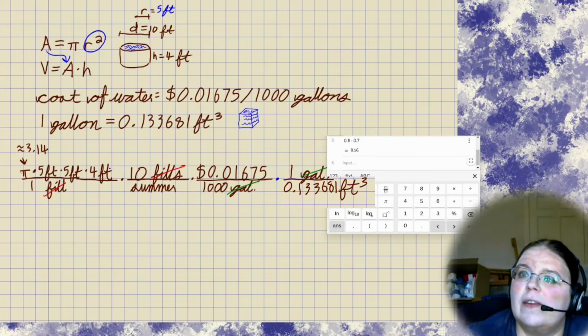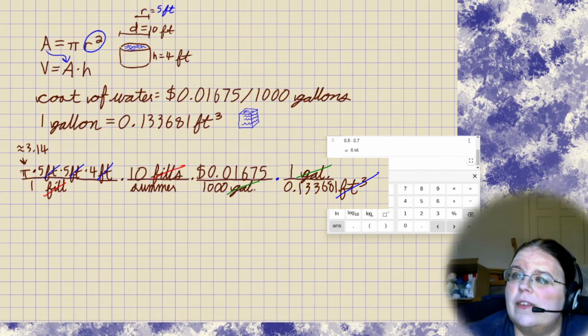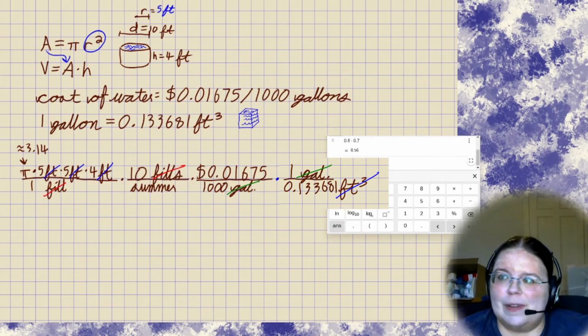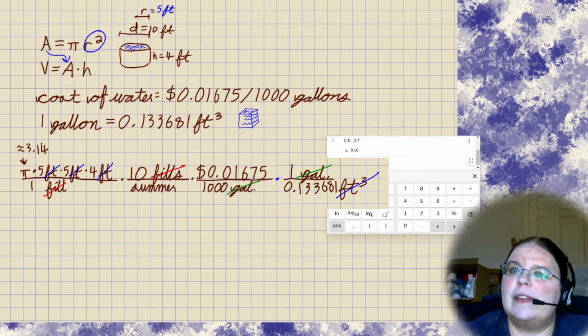I'm almost there. Now I've got feet times feet times feet, which is cubic feet. So that cancels in the same way that you might say 8, which is 2 cubed, could cancel a 2 times 2 times 2. Now all we need to do is multiply across, and we will have not our final answer, but something that's very close to it because it will be a rate in the right units.